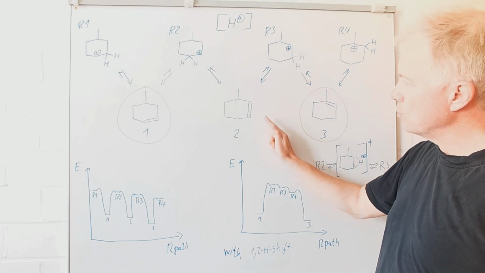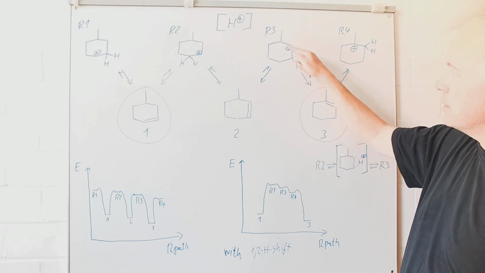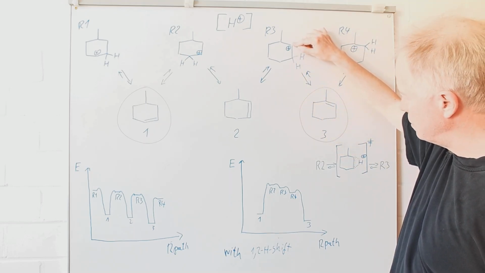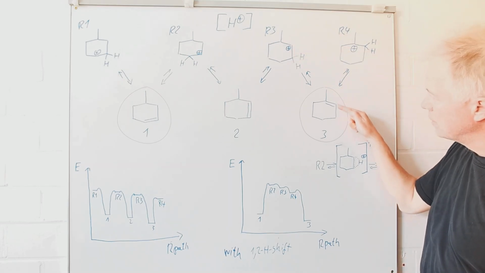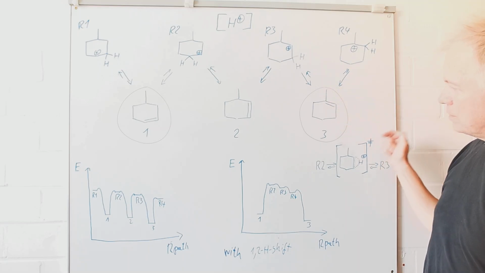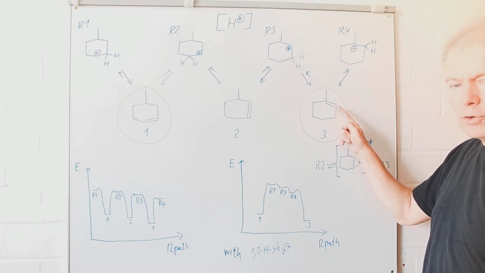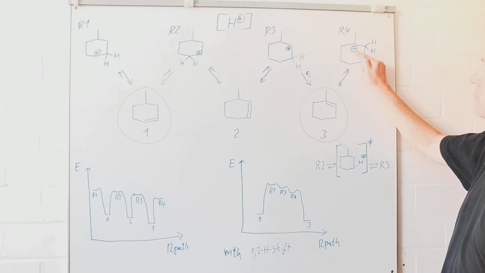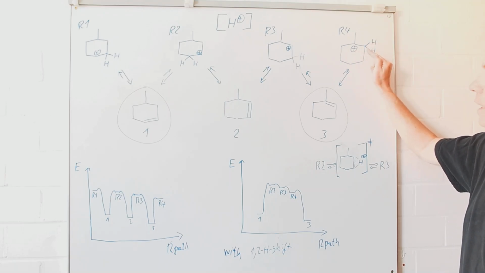Again, now protonating here, then the cation will be located here, and deprotonating at the tertiary position, then we have the olefin that is already 3 times substituted. Of course, this can also be protonated again here at this position. Then we have a rather stable tertiary cation.